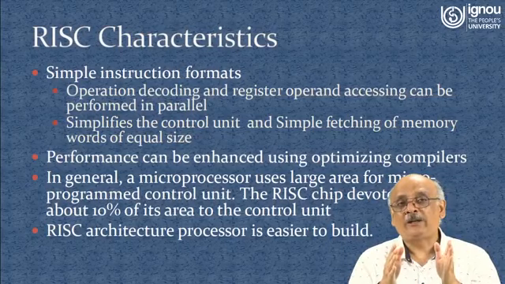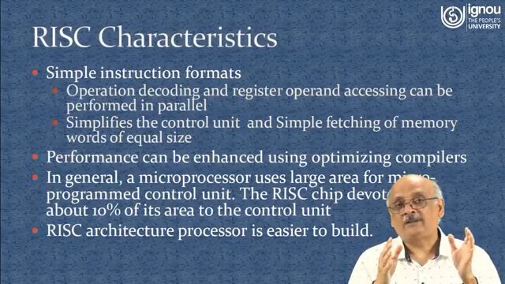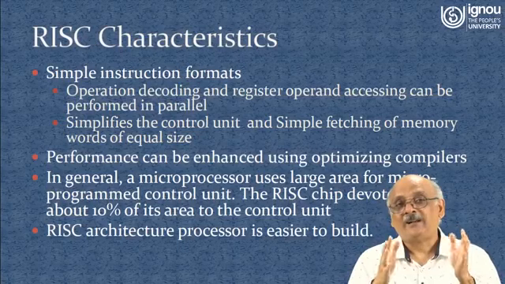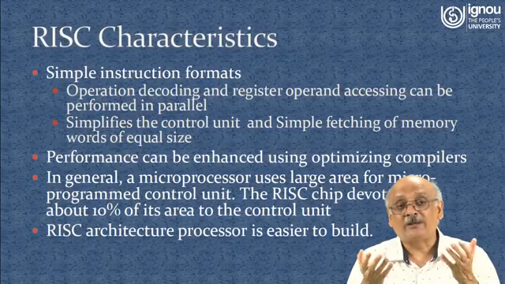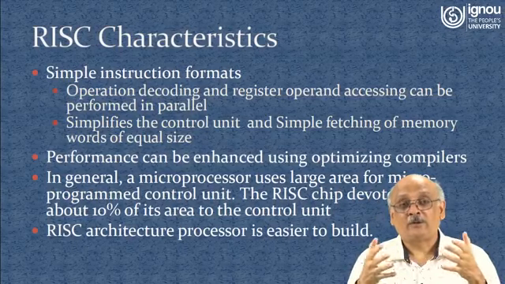So the control unit became smaller. That means around 30 to 40% of the area became vacant. So how that 30 to 40% area should be utilized in reduced instruction set computers became the question.